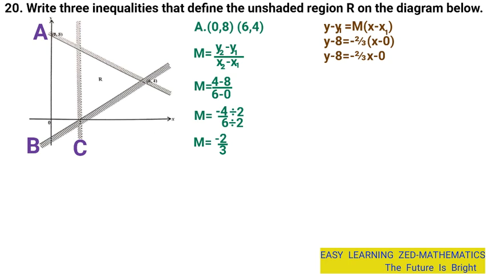It won't change the answer. So I'm going to write y minus 8 is equal to negative 2 over 3x minus 0, which will give us negative 2 over 3x. Okay, once I've done that, now here I want to say a certain point you need to understand.